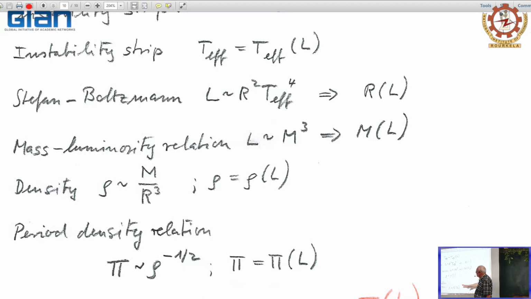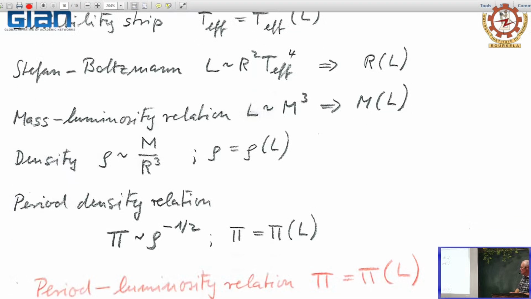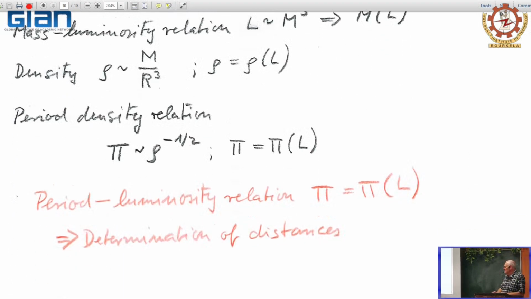So this is a motivation how the period luminosity relation may be justified. And this period luminosity relation is one of the most important tools to determine distances in astrophysics.